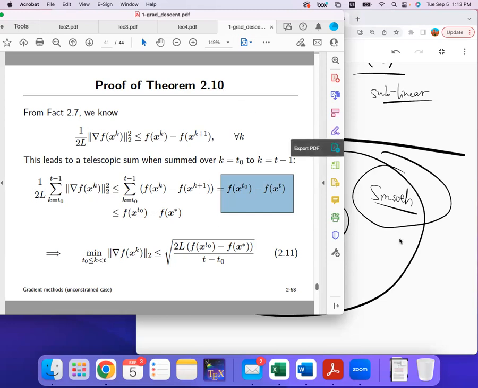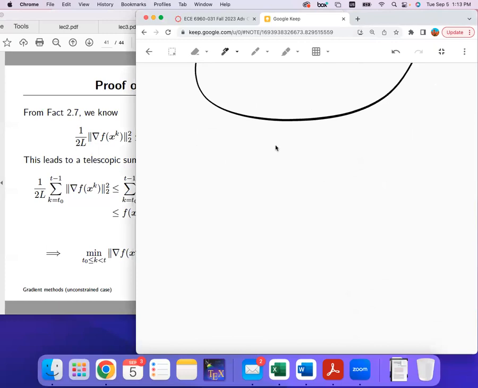Yeah, maybe I can write it here. So this sum is bigger than or equal to a sum.